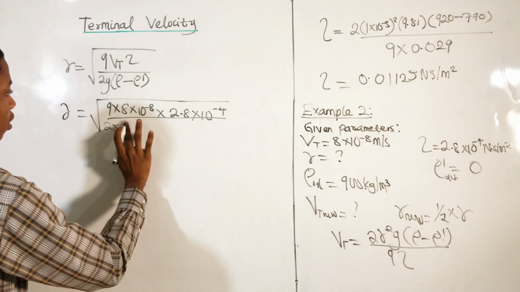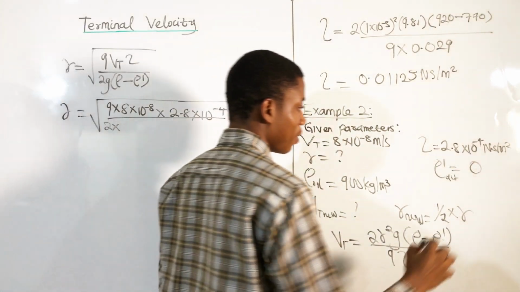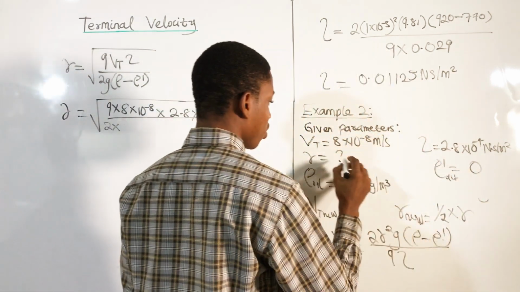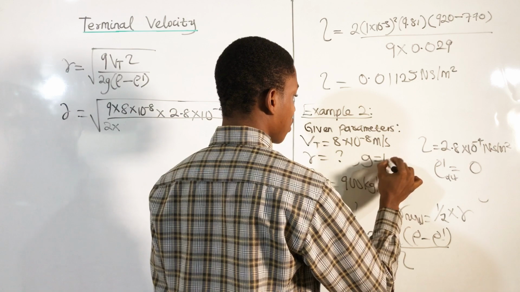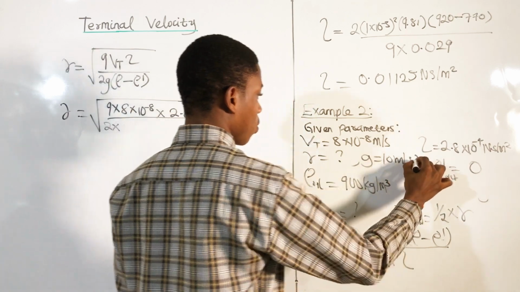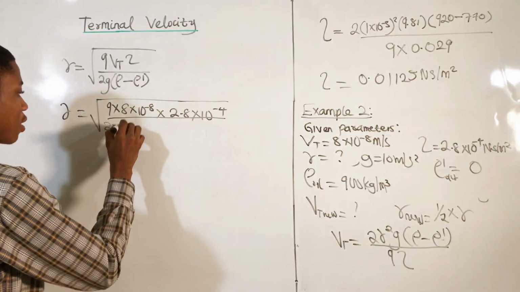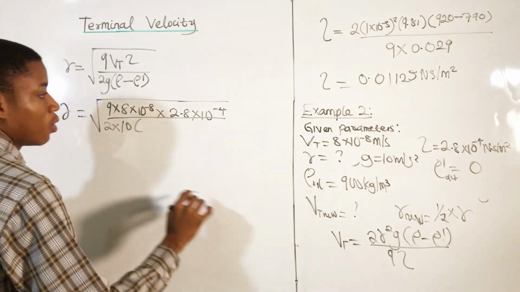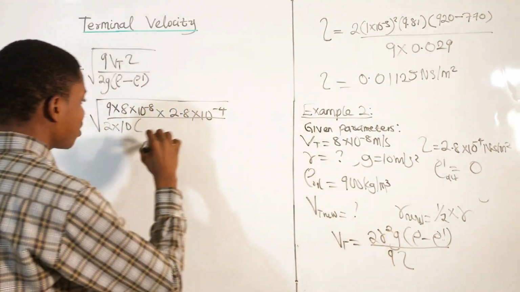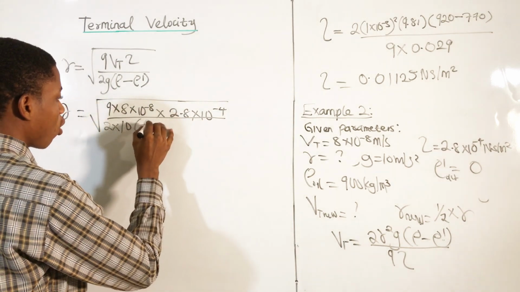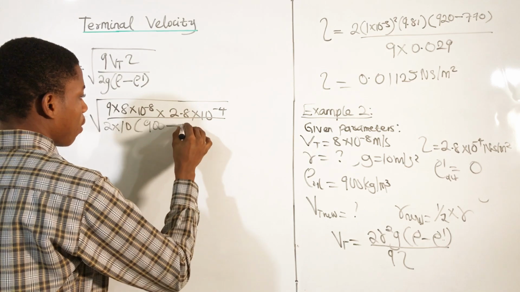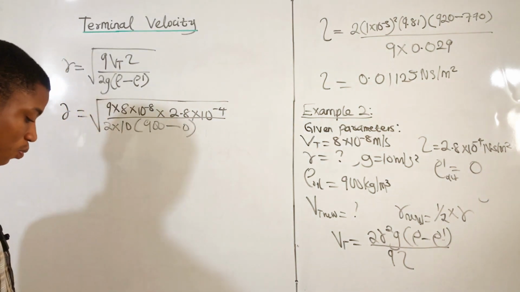Take note they gave us the acceleration due to gravity as 10 meters per second squared. So we have this as 10. Then in the bracket, they gave us the density of the object, which in this case is oil, as 900, and they say we should neglect the other one by taking it as 0.